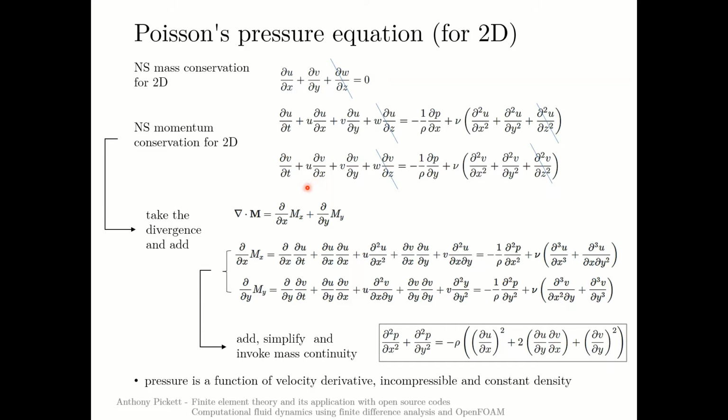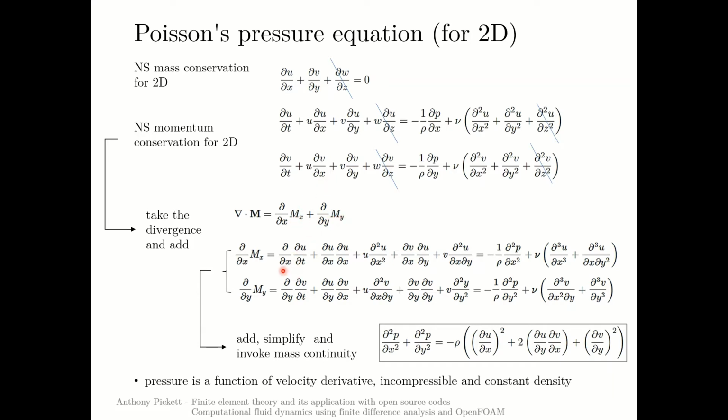Essentially, though, the method is you take the divergence of these equations, which is given here. So we take the differential with respect to x of this one and the differential with respect to y of this one. These are our momentum equations in the x and the y direction.